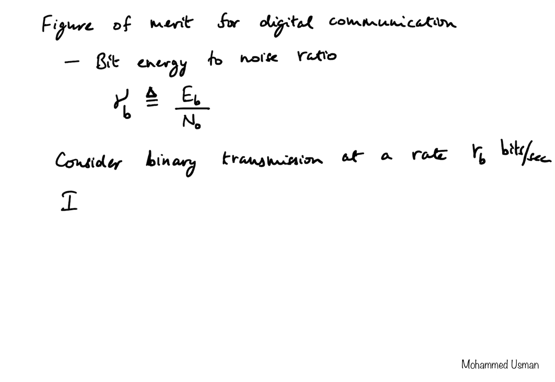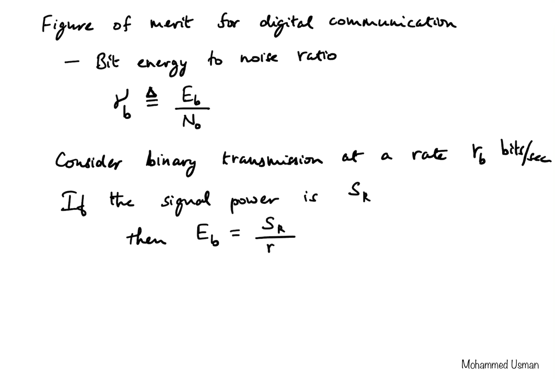We can write the bit energy in terms of SR and the bit rate. So if the signal power is SR, then the bit energy Eb is the signal power divided by the bit rate Rb.